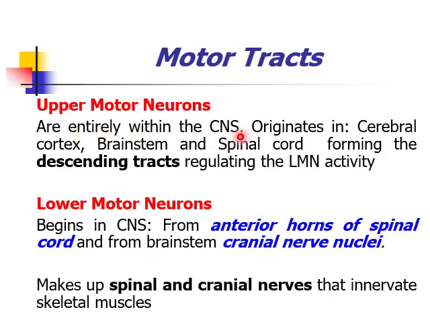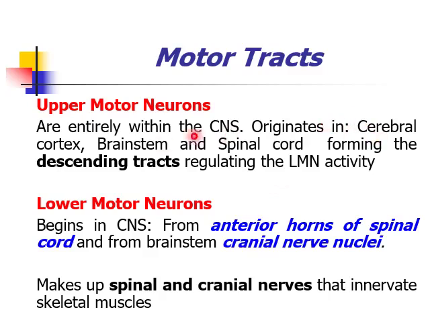Entirely means that it begins and ends within the central nervous system. The central nervous system includes the brain, with its subdivisions, cerebral cortex, cerebellum, and brainstem, and the spinal cord. So any cell that has its origin within the central nervous system and ends within the central nervous system is called an upper motor neuron.